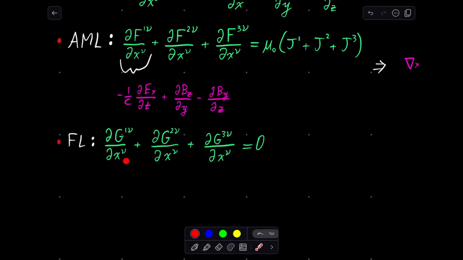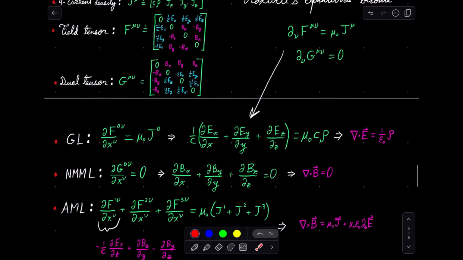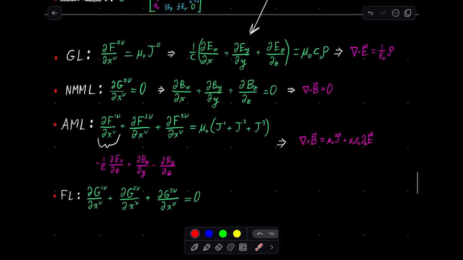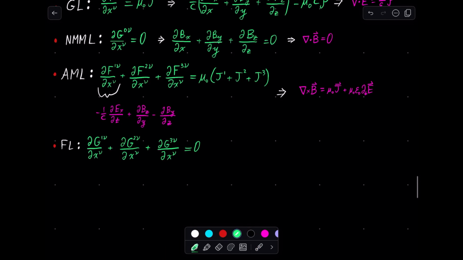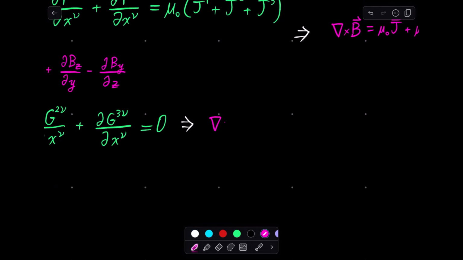You can expand each of these terms just like you expanded these, except you're using the dual tensor for it. And when you expand that out, you'll end up getting all of the components for Faraday's law, which is the curl of E being negative change in time of B.